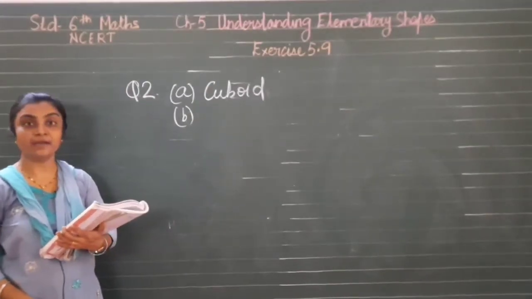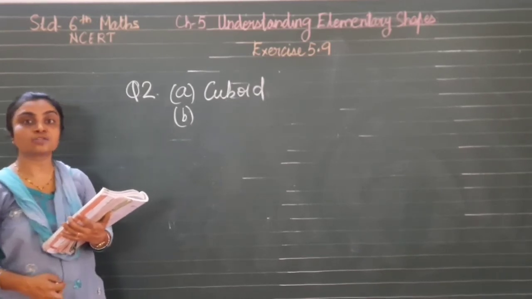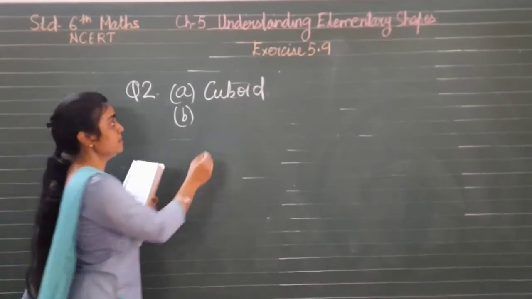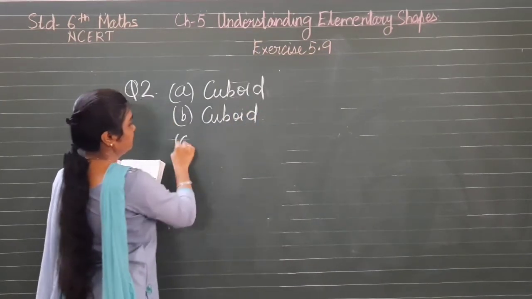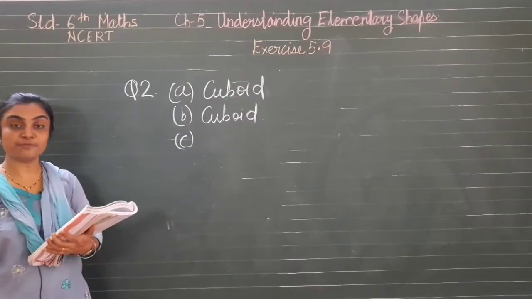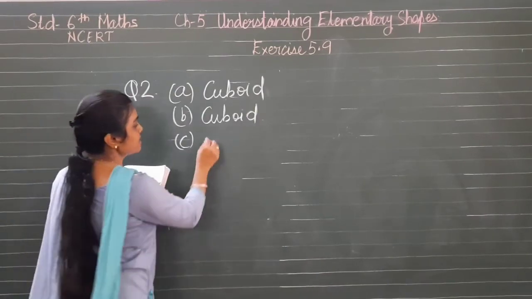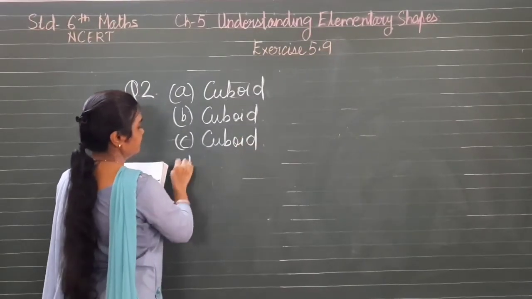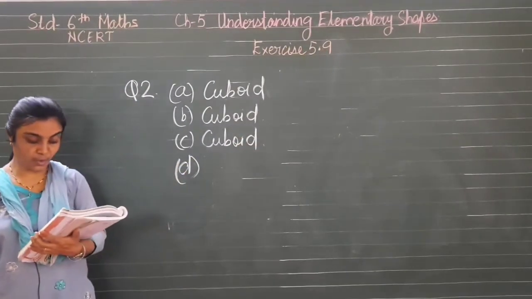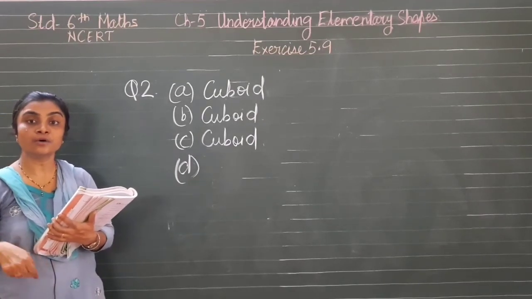B. A brick. Brick, what we say in Hindi is called eent. A brick is also a cuboidal shape. C. A matchbox. You have already seen a matchbox. So again a matchbox is the shape of a cuboid. D. A road roller. A road roller that is used to roll the road.